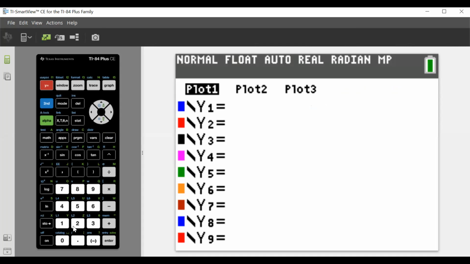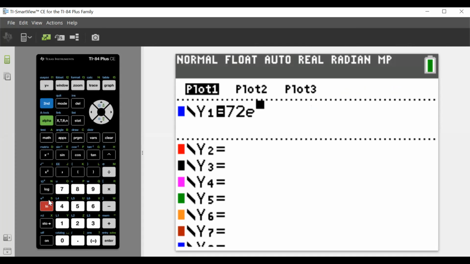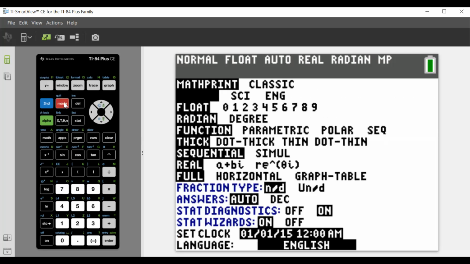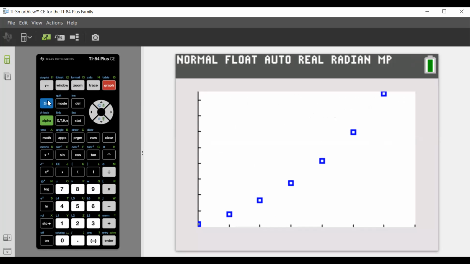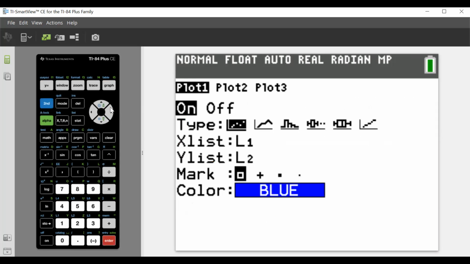And so we had 72 e, and now we're going to have to use x, but that's okay, negative 0.2x, and then arrow down, and then minus 14.4x, and then e to the negative 0.2x. Now I need to graph that, and it looks like I've got something else there already, so let's turn that off for now.